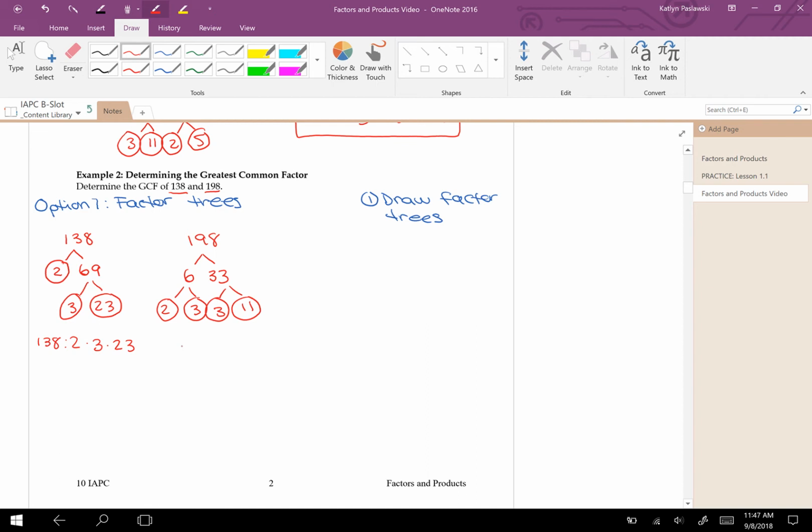So now when I have the prime factorization of 198, 2 times 3 times 3 times 11, which can further be simplified. 2 multiplied by 3 to the power of 2 by 11. Okay, done the first step, and we also did the second step. We write prime factorization.